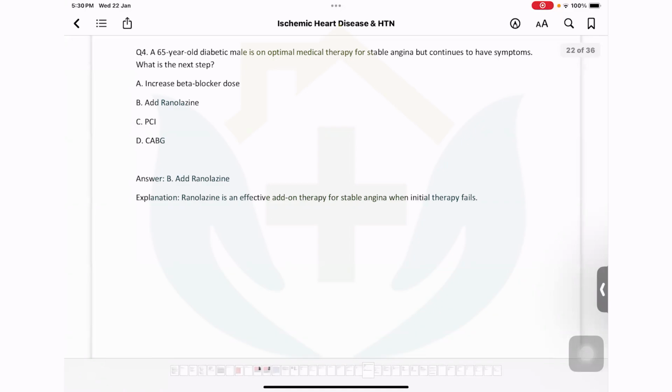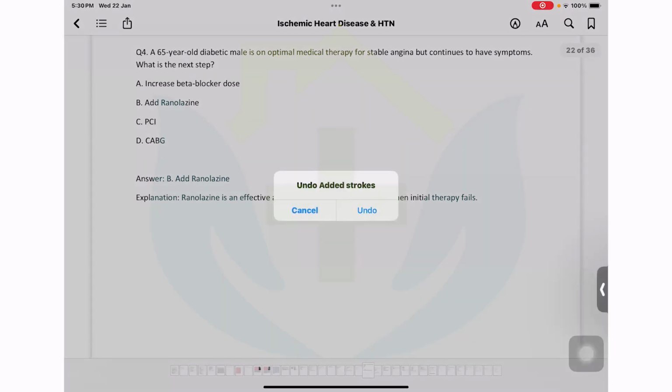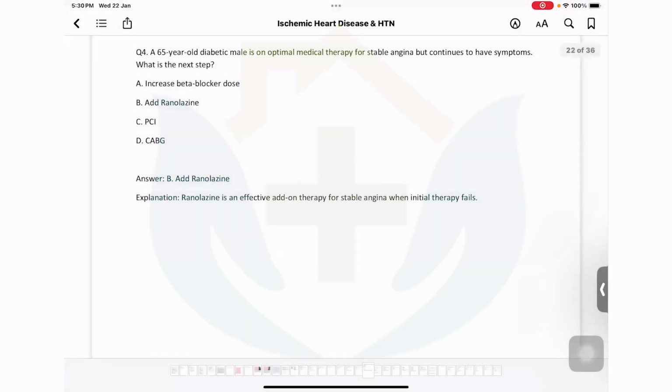I will give you the gist of ivabradine as well. So ranolazine is basically a second line anti-anginal. We already know that the first line anti-anginals are nitrates. Ranolazine is basically a sodium current inhibitor, a sodium channel blocker.